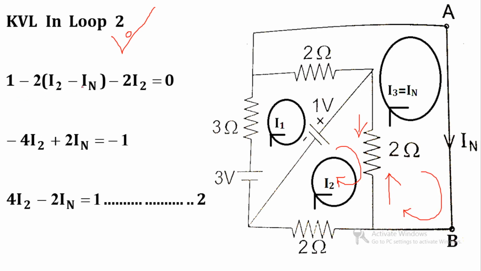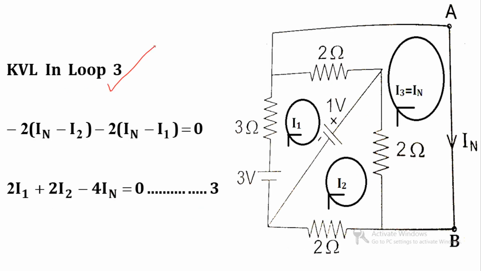So minus 2 I2 minus IN minus 2 I2, this resistance drop, is equal to 0. So I can write minus 4 I2 plus 2 IN is equal to minus 1, and the final equation of loop 2 will be minus 4 I2 plus 2 IN is equal to 2. This is the Kirchhoff voltage law for loop number 2.